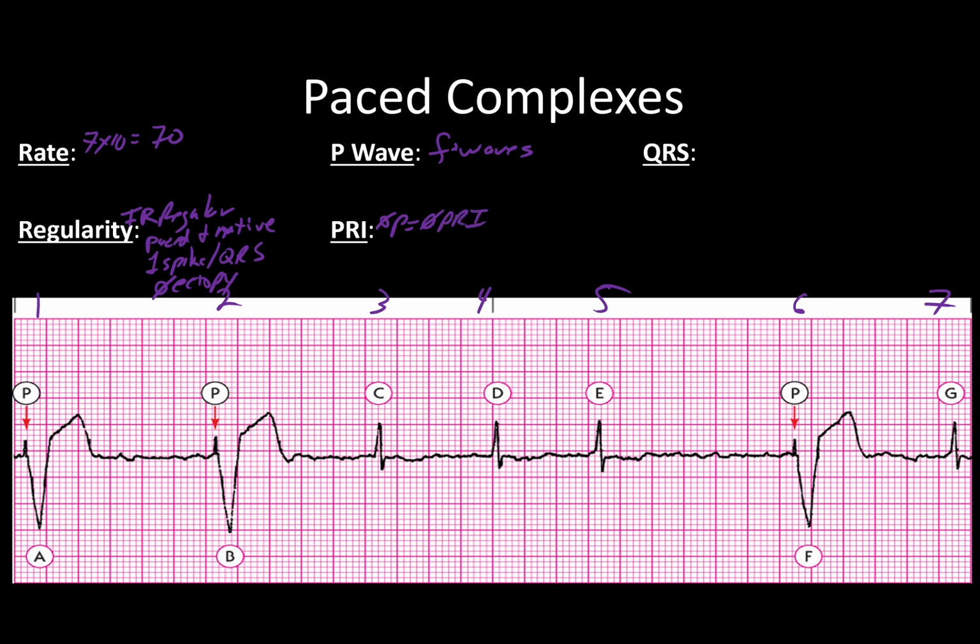In terms of the QRS, what can we learn? Well, there's two types, so we'll talk about native. And for the native, C, D, and E, as well as G actually, are all the native beats. And those are uniform. They have an RS pattern.